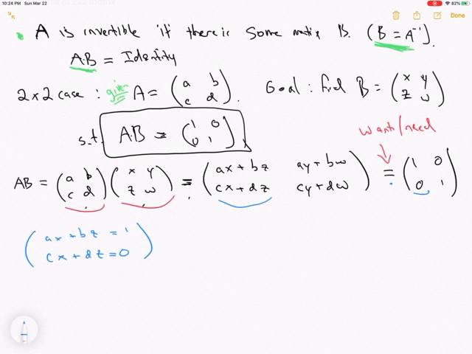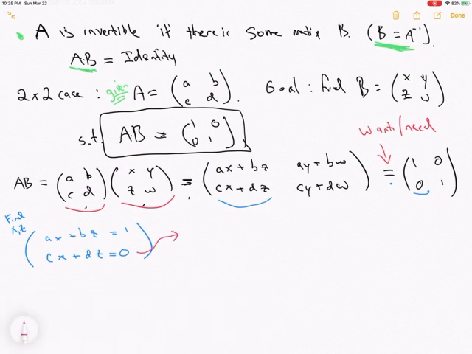And remember, we're assuming that we know a, b, c, and d. So the variables here that we are trying to find are x and z. We want to find x and z in terms of a, b, c, and d.